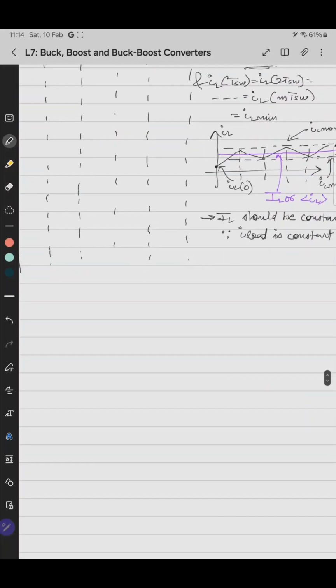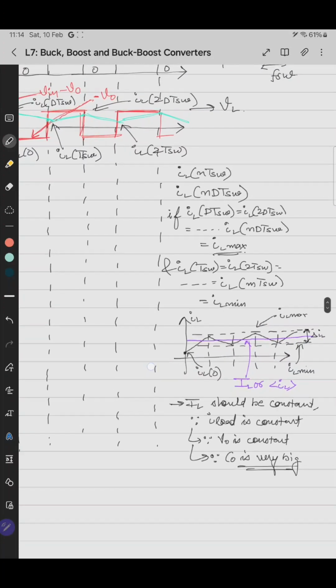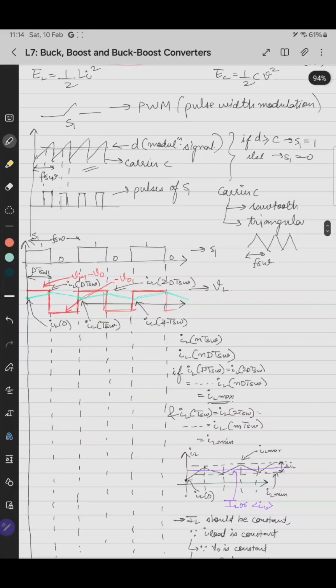Now why is IL load constant? Since V naught is constant. Now why is V naught constant? Since C naught is very big. So the bigger the capacitance, the less will be the peak ripples in it.